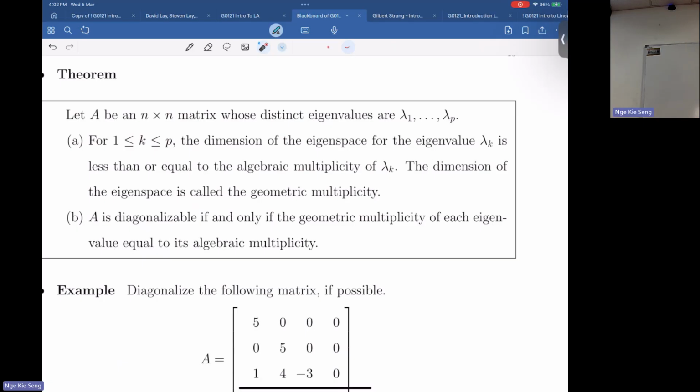And A is diagonalizable if and only if the geometric multiplicity of each eigenvalue equals the algebraic multiplicity, so that you have enough linearly independent eigenvectors to build your P. So far, any question?